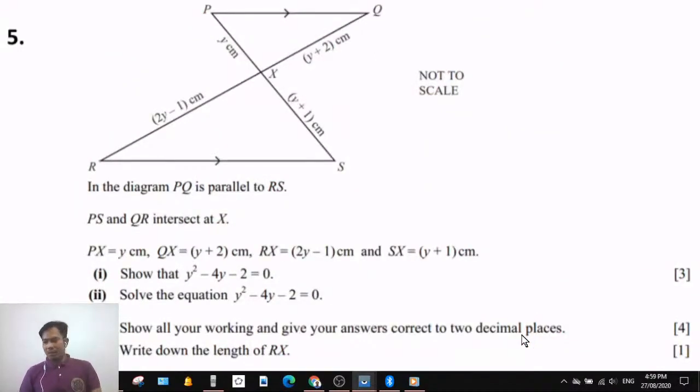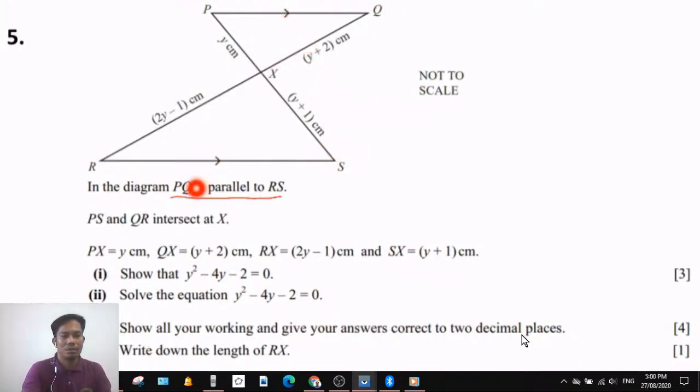Number 5, a little bit complicated. I have here a diagram that shows PQ is parallel to RS. You will see the marks.